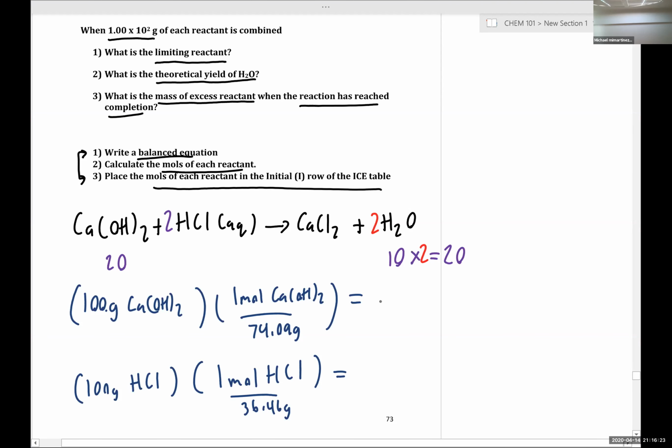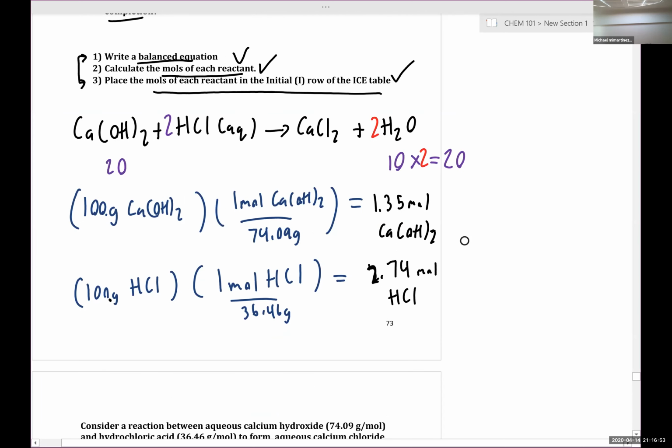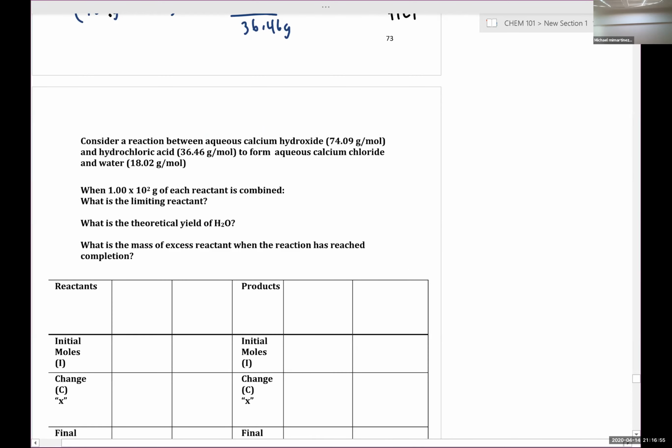So we've figured out that we have 1.35 moles of calcium hydroxide following sig fig rules, and we have 2.74 moles of HCl following sig fig rules. Okay, perfect. So we checked off our first 3 steps, and now all we have to do is format this information into an ICE table.